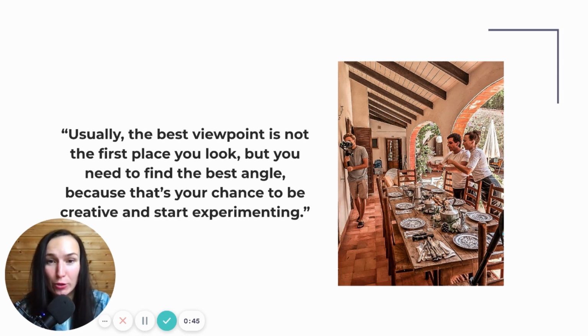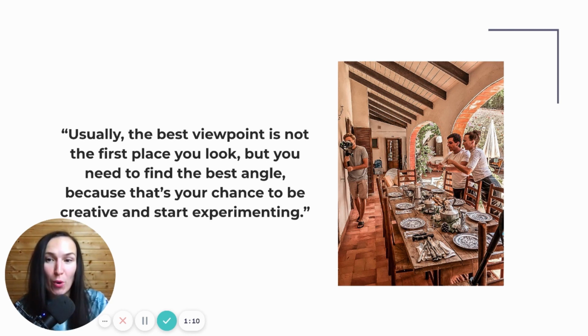Usually in general in food photography or photography, the best viewpoint is not the first place you look. You need to find the best angle, because that's your chance to be creative and start experimenting. Sometimes, especially with food, you sit behind the table, you see the food, okay, awesome. But if you change your angles, then you can create something super amazing and super different.